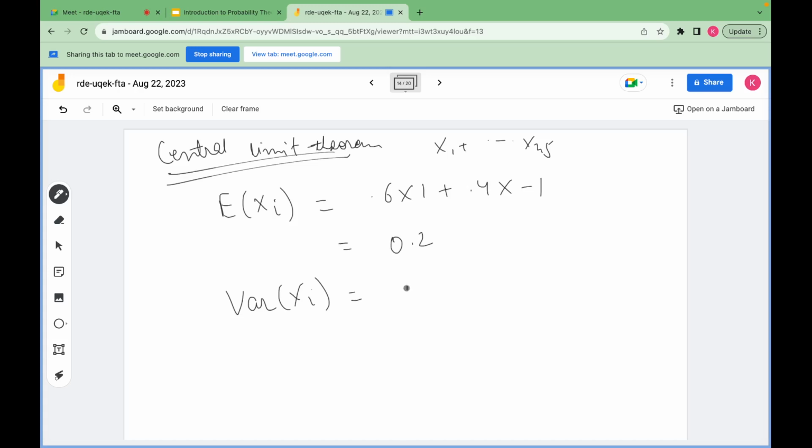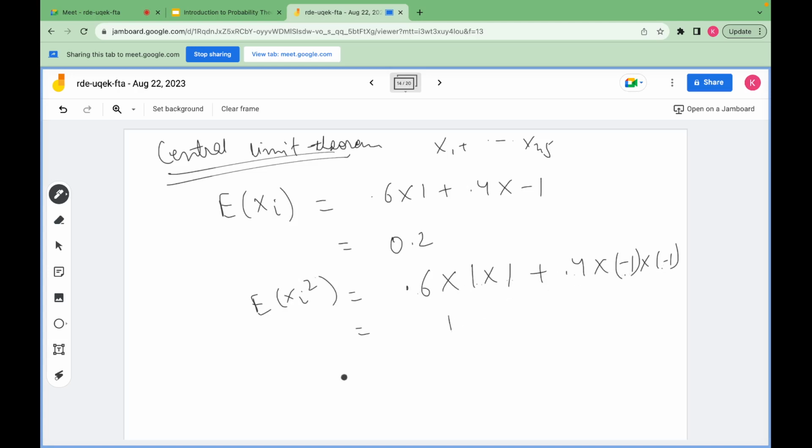First the expectation of xi square: this is 0.6 into 1 into 1 plus 0.4 into minus 1 into minus 1.